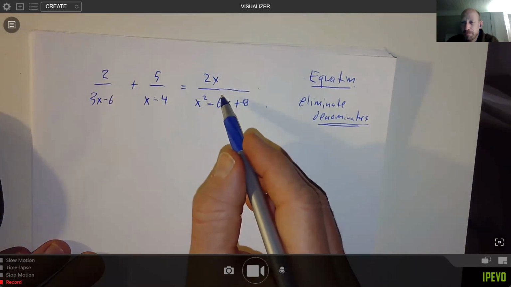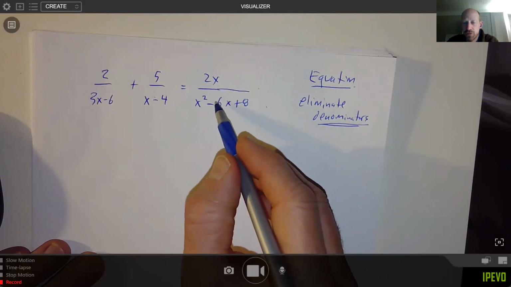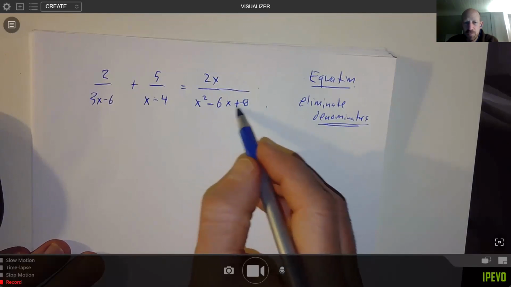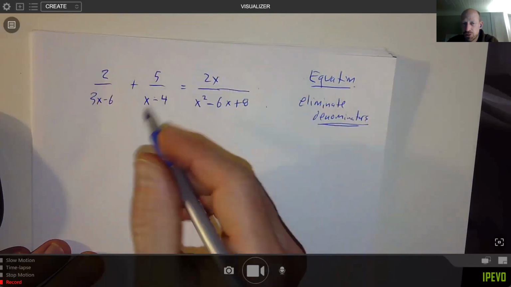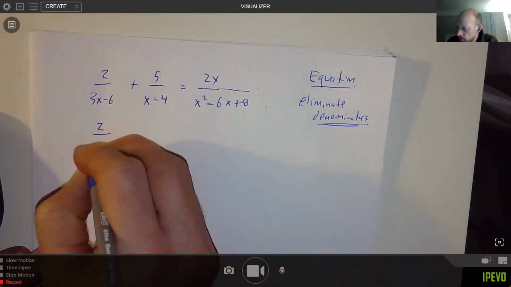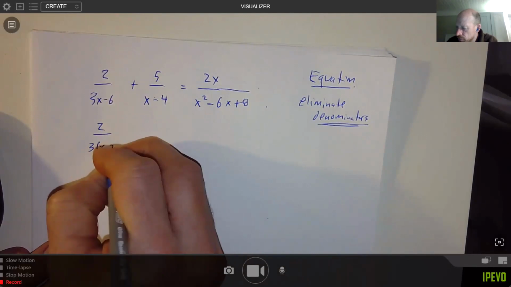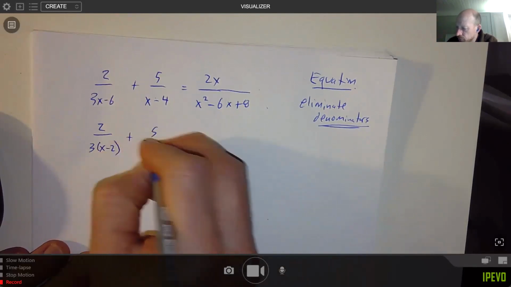I really do have to factor, because otherwise I'm going to have to multiply by all of these pieces, and it would be a huge giant mess.